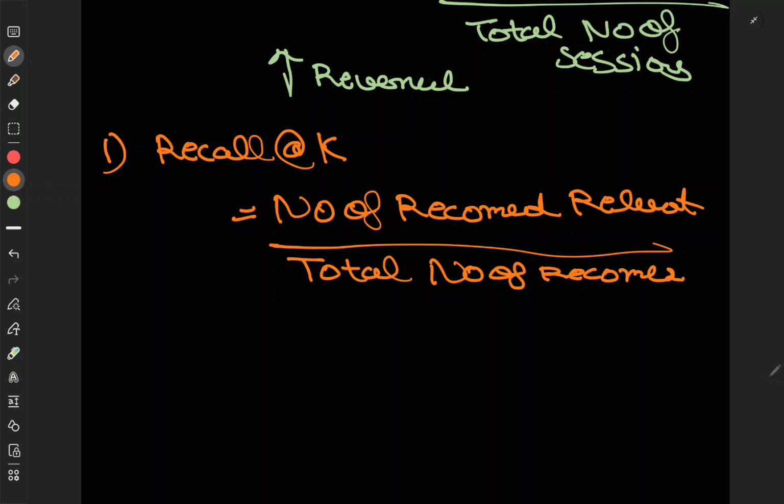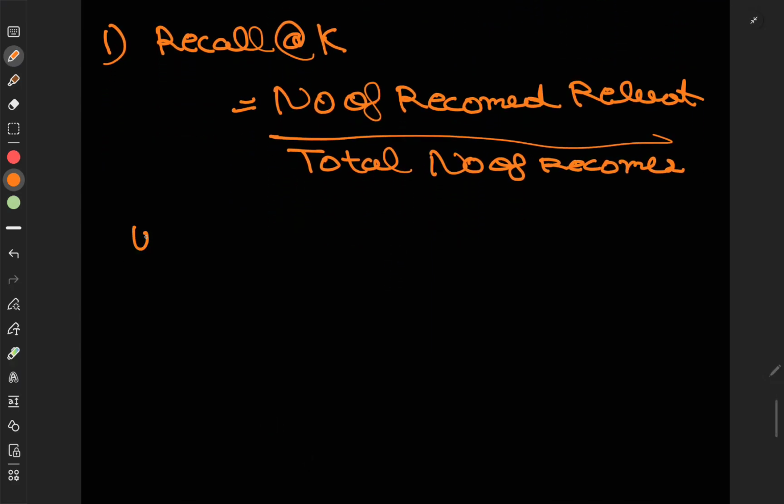Whenever you are doing offline evaluation, you are already working on old historical data, so you know what data you have. For example, there was a user who already had this list of clicked IDs.